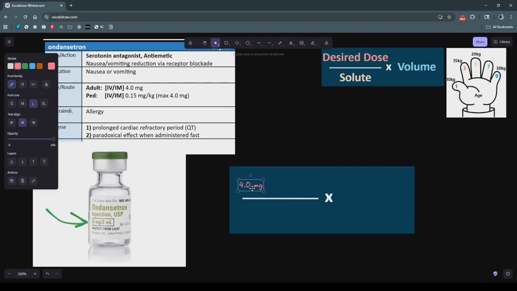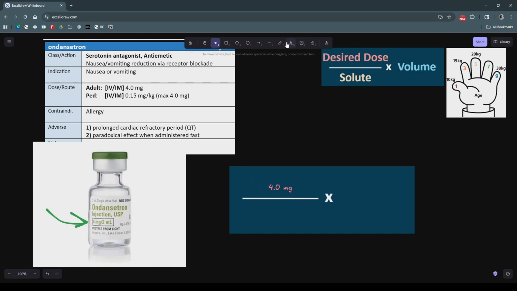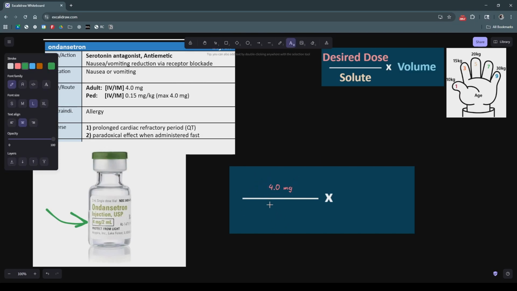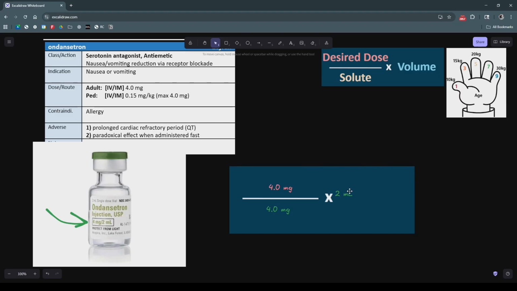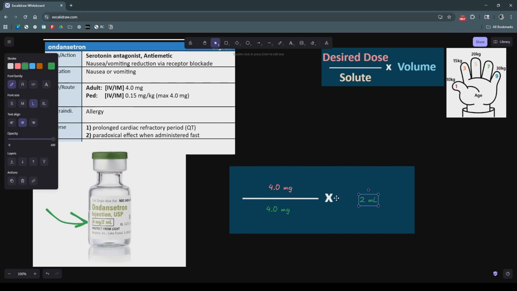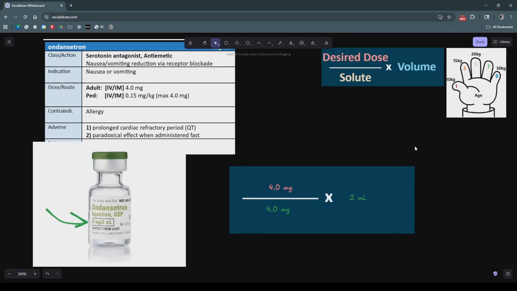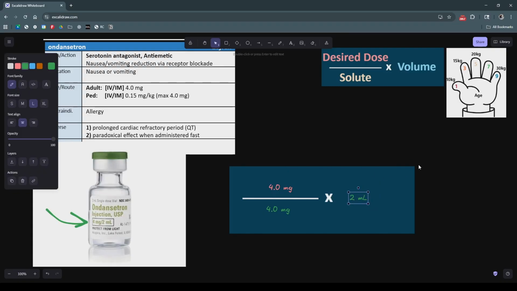And I put that over my solute concentration, which is 4 milligrams in 2 milliliters, right? Even though we could do the math on that, 4 divided by 4 times 2, ultimately it just tells us what we already know, which is 2 milliliters. And that's how we work through a concentration.